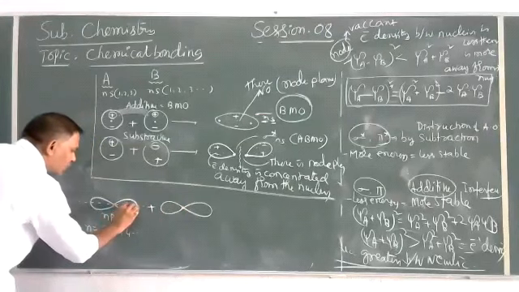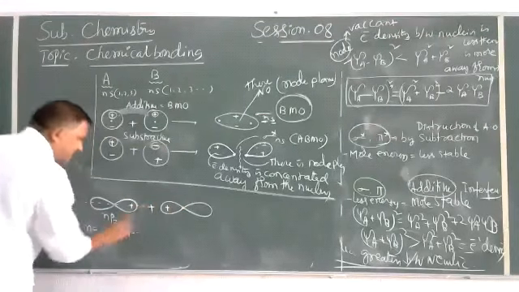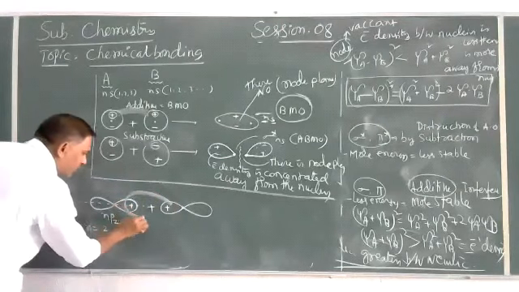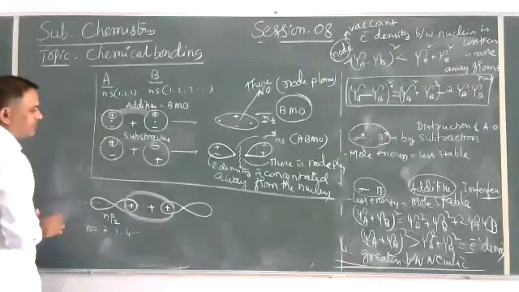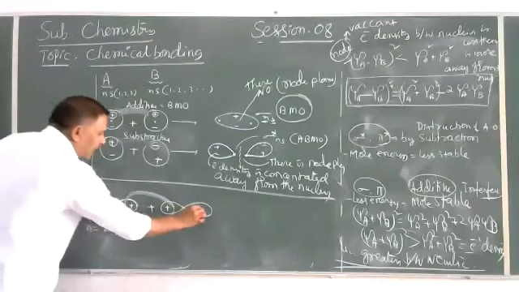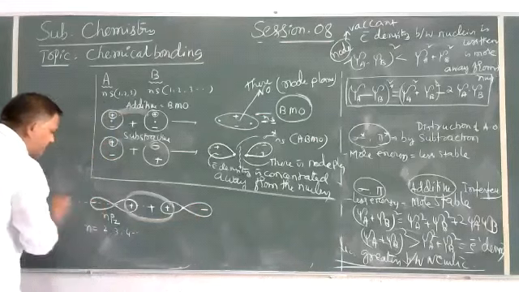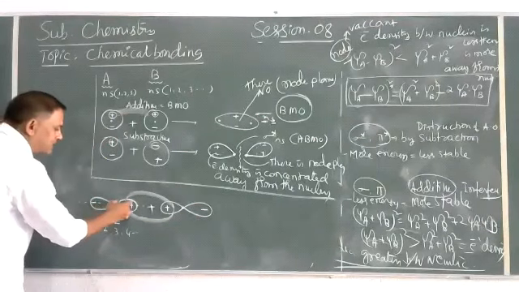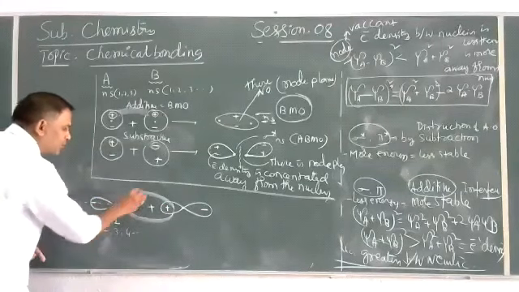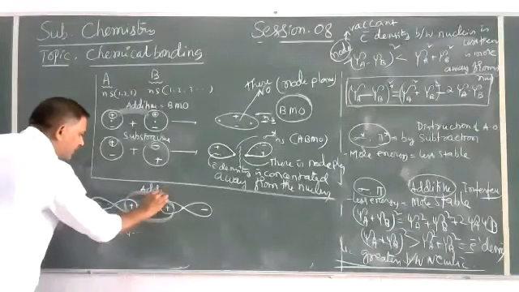Its end lobes are plus and plus. You are combining the lobes of two atomic orbitals of the same sign. It forms a bonding molecular orbital. Either side, it is minus and minus, or plus and plus, the same signs. This is additive.